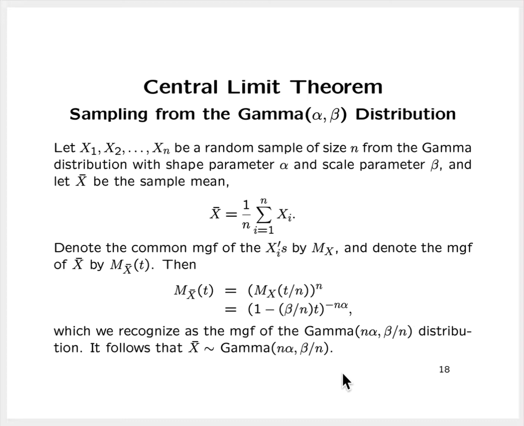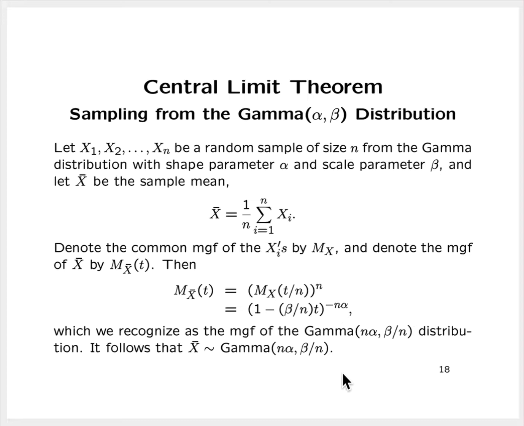But the second use, which could actually be first in importance, at least from a theoretical standpoint, is that the moment generating function can help us to identify the distribution of a random variable or a function of a random variable.